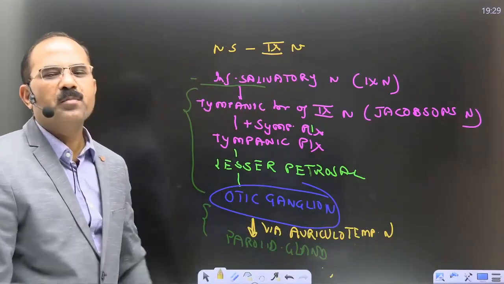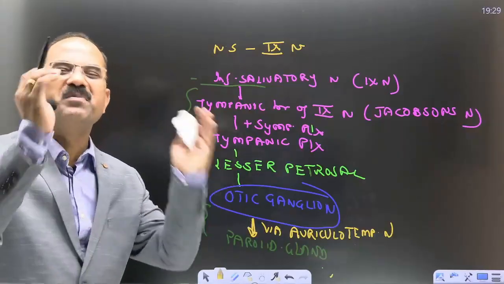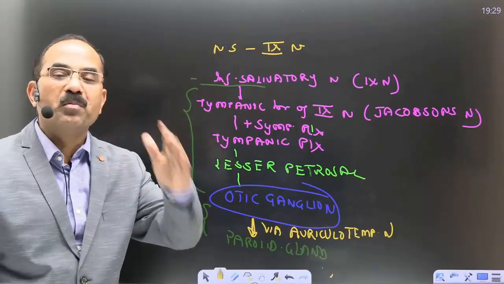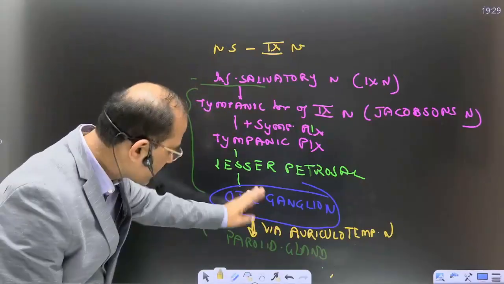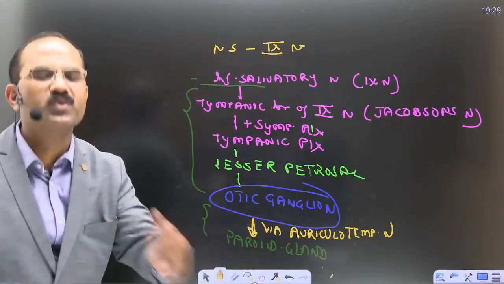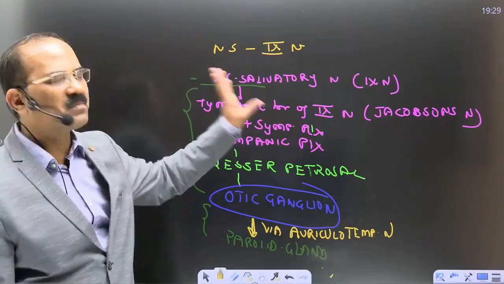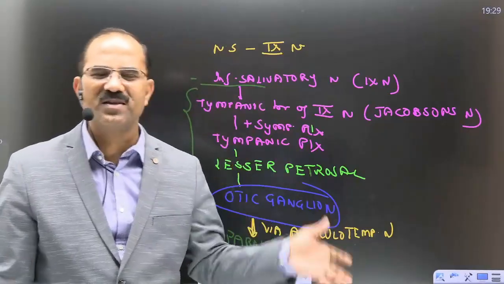This auriculotemporal nerve is a branch of the posterior division of mandibular nerve, and it carries the postganglionic parasympathetic fibers from the otic ganglion to the parotid gland. Clear? So that's the nerve supply of parotid. We have seen this before, you know this.